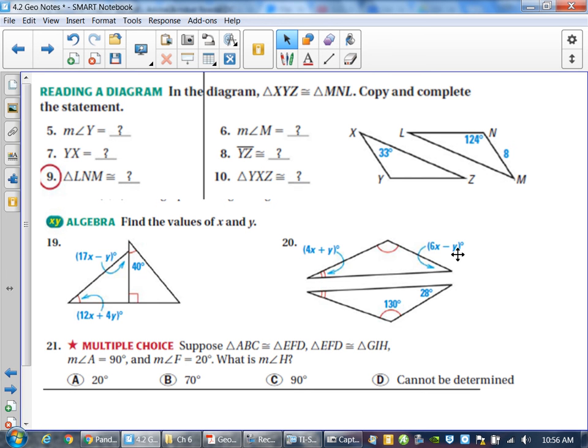Remember how you would add equations together then? What's 17 plus 3? 20. So you have 20x. Negative 1 plus 1 is 0. So 20x has to equal, what's x? 3. And go on from there.